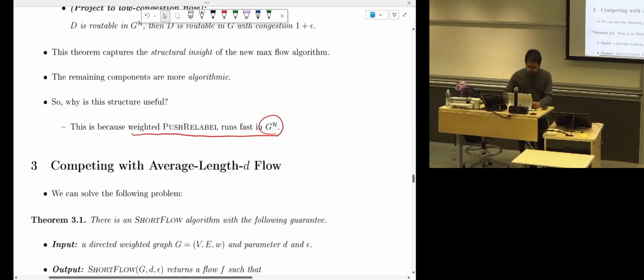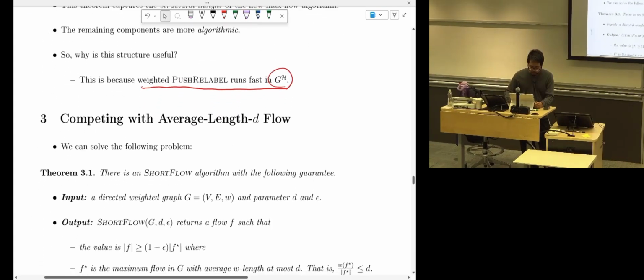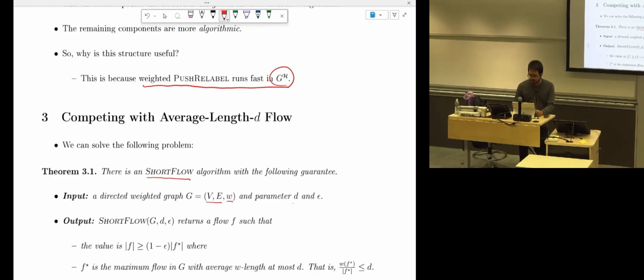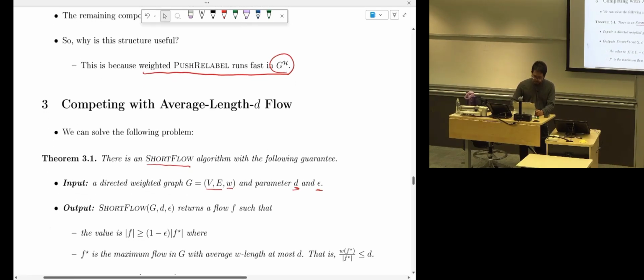So what I mean is, we have an algorithm, short flow, such that given the input G with some weight, and parameters D and epsilon, it returns a flow that is as good as a short flow.